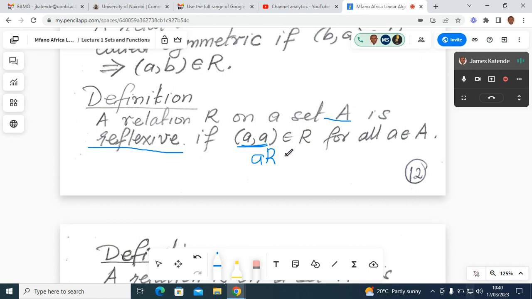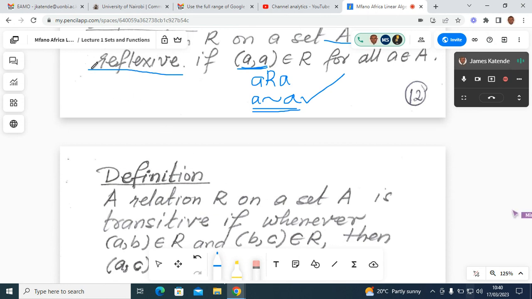If we were to use the previous notation, the other notation that you could use is this: a is related to a. I am more familiar with this second notation, and we may use this again at some point. So that covers the property of reflexivity.